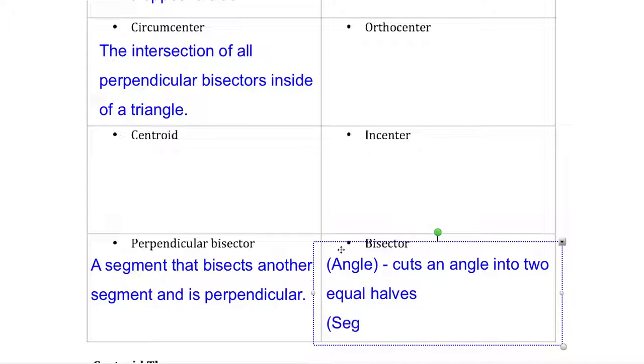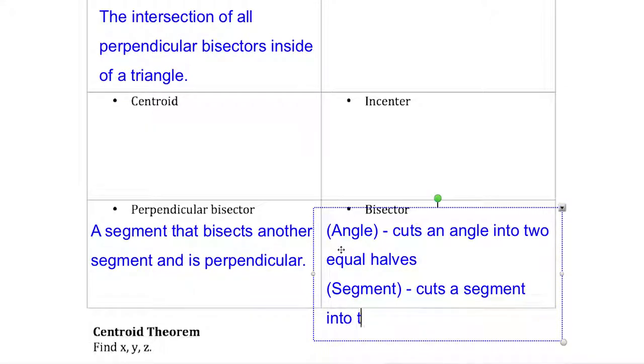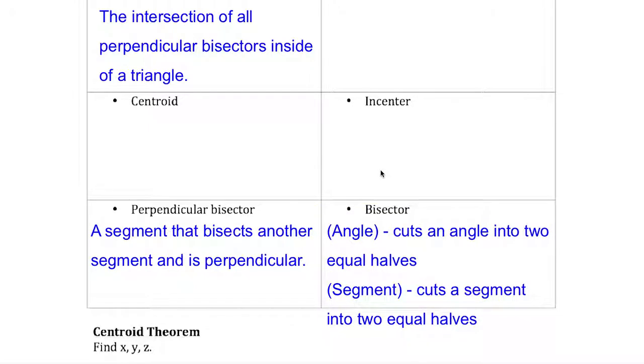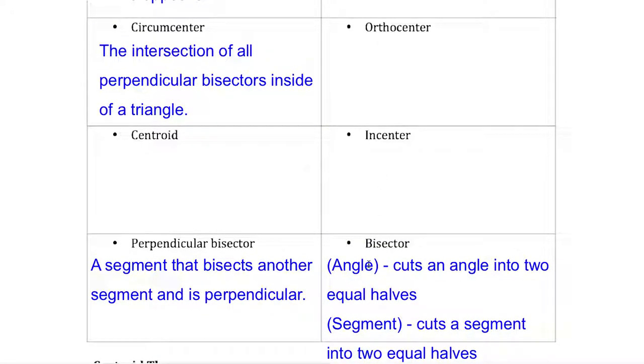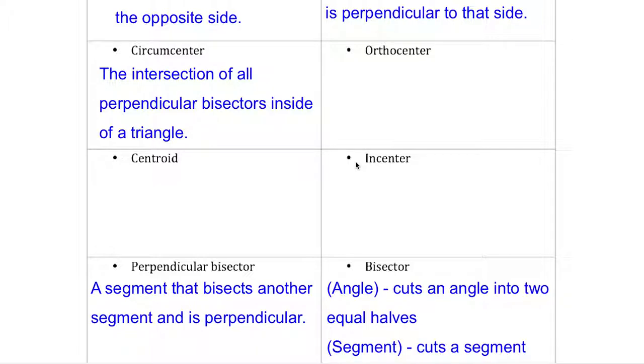And then you have a segment bisector, which cuts a segment into two equal halves. So you can have an angle bisector or a segment bisector, but both of them just take the angle or the segment and cut it into two equal halves. So take a little detour there.